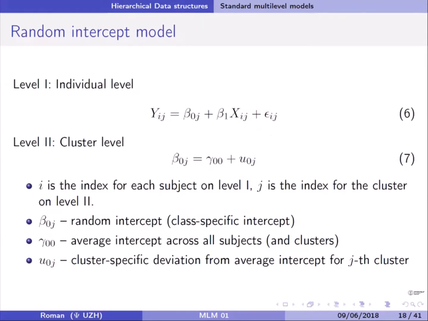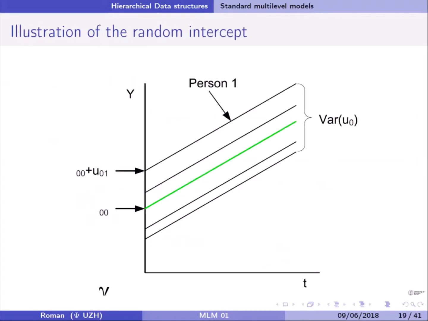So what we're saying here is we have this average regression model, but we're decomposing the intercept into multiple terms. We now have gamma 0,0, which is the average intercept. And then we have a variance around gamma 0,0, which tells us on average how much each of these clusters are deviating from the average.